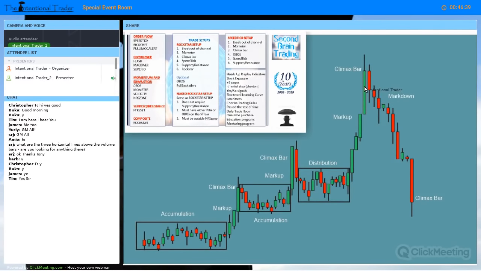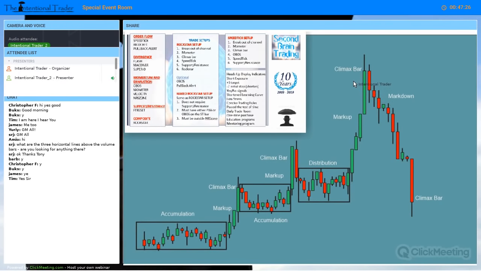So again, there's a markup phase. So remember, the momentum buyers see this breakout, and so they jump in on the breakout, and then they sell up in here. But they sell off all their assets up in here while there are still retail buyers hanging around trying to figure out what to do, and then jumping in because they see price jumping up here, and so they get fear of being left out.